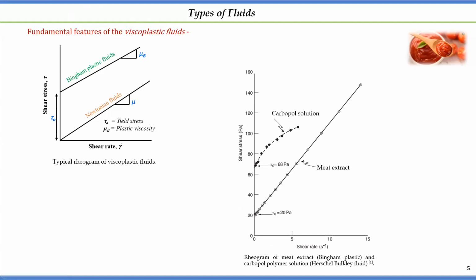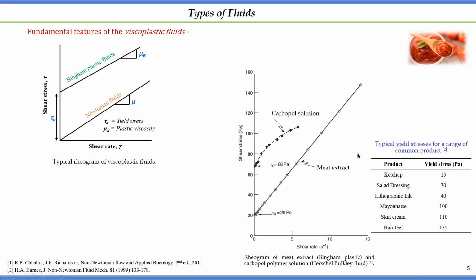Now, if you look around you, you have a lot of materials which have this kind of yield stress value, and here we have listed some typical yield stress values for common products. You can see that the yield stress varies from the order of 10 to the order of 10 to the power 2, from ketchup to hair gel.